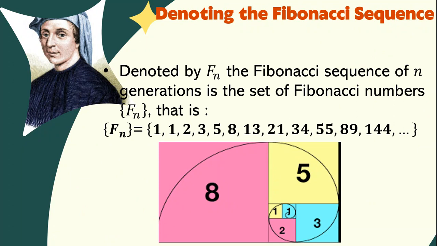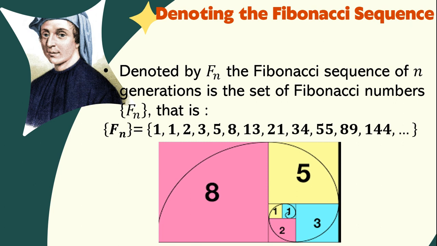So let's go. Denoted by f of n, the Fibonacci sequence of n generations is the set of Fibonacci numbers f sub n. That is, f sub n is equal to 1, 1, 2, 3, 5, 8, 13, 21, 34, 55, 89, and 144.